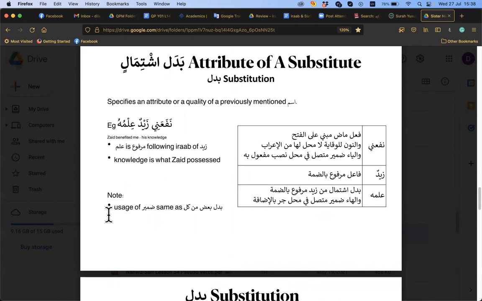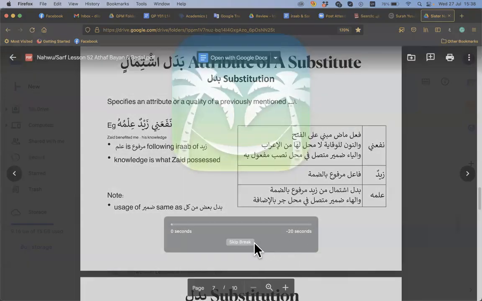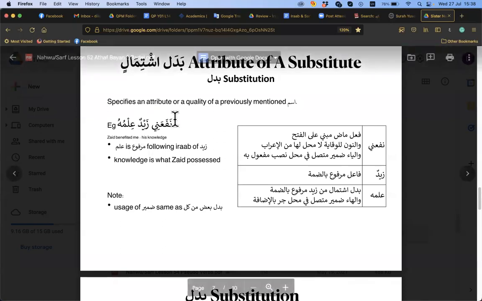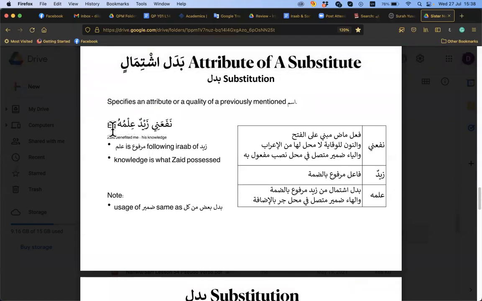Ilmuhu is badal of Zaidun, which is the fa'il of nafa'ani, right? Ni is our maf'ul bihi. So Zaid benefited me in what way? His knowledge. The attributes here.